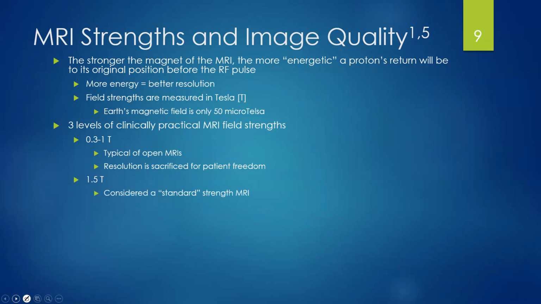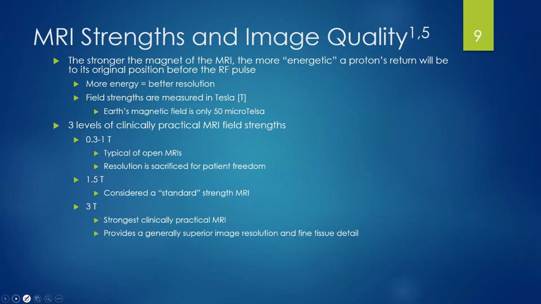And then we have the 1.5 Tesla. This is our standard MRI that most people get. They're simple, more cost effective for the most part, and give decent resolution. And then there's our 3T MRI, the strongest clinically practical MRI, and I have to stress that it's clinically practical, and we'll talk about why in a moment.